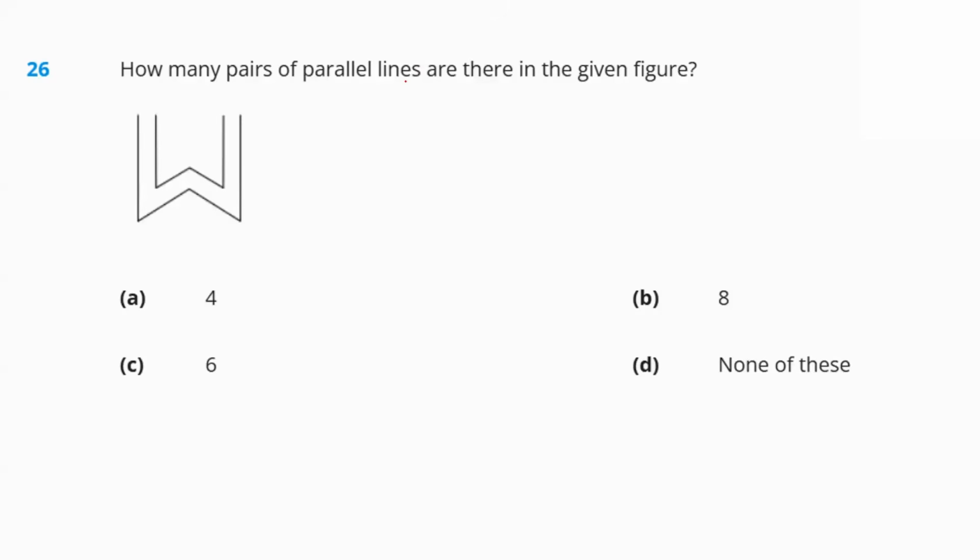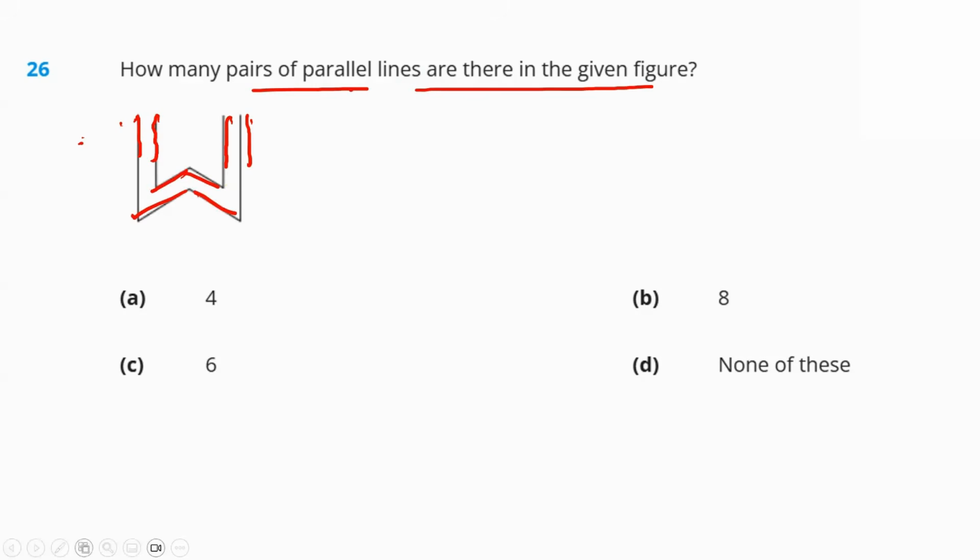Next, question number 26. How many pairs of parallel lines are there in the given figure? We just need to check the pairs. This is the first pair. On the other end, this is the second pair, okay? Below this, the third pair. This is the fourth pair.